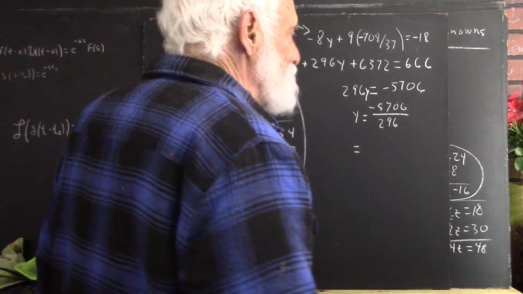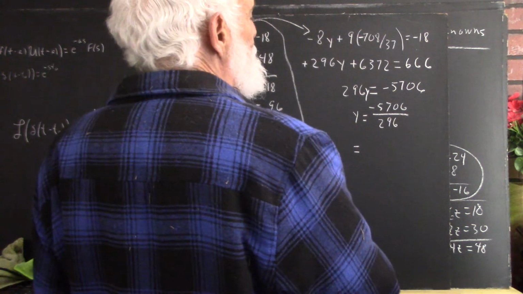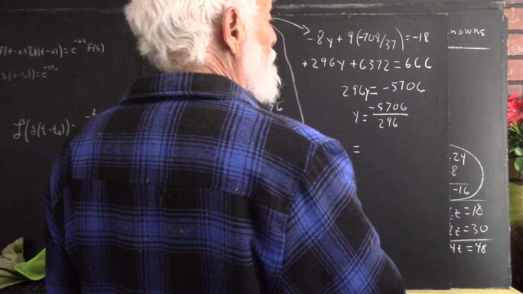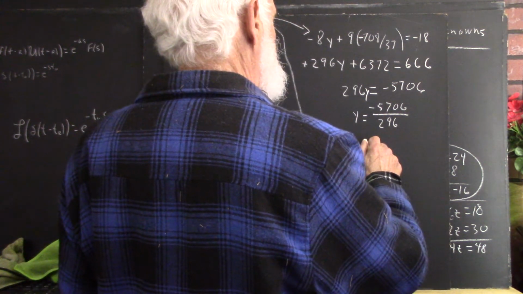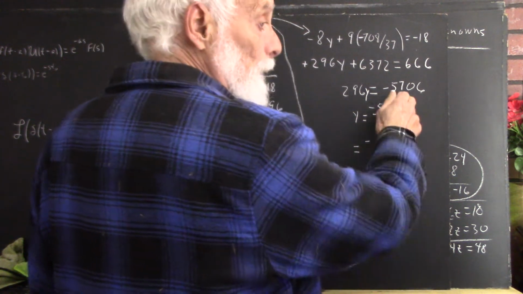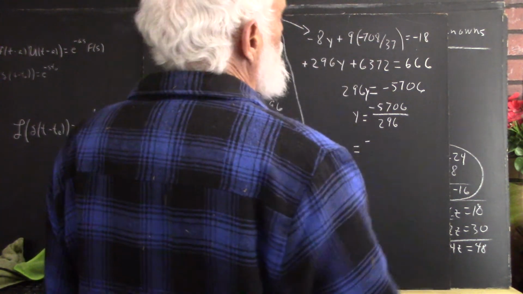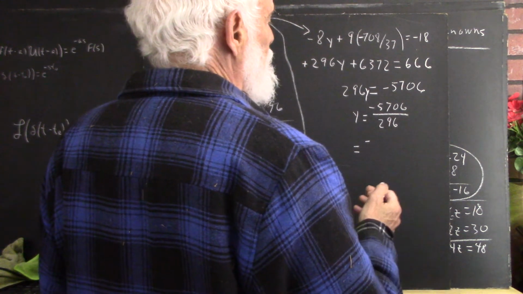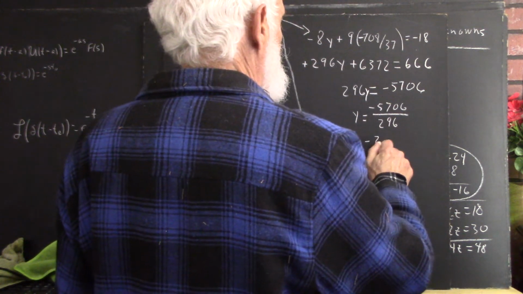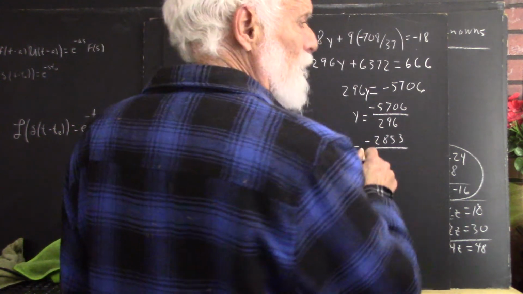So, risking my arithmetic again, half of 5600 would be 2800. Dividing both of these by 2. Okay? 2800, that would leave 106, so it's 2853. There's no way I'm getting through this.